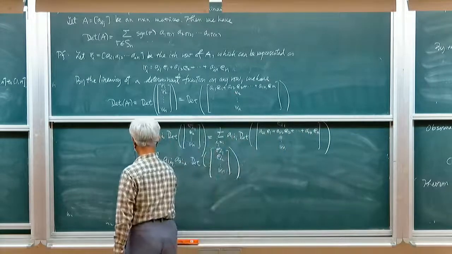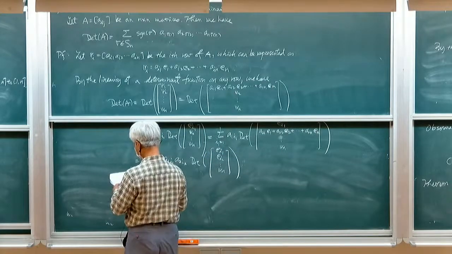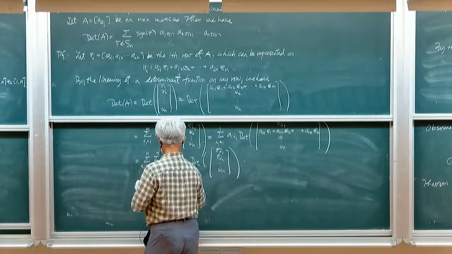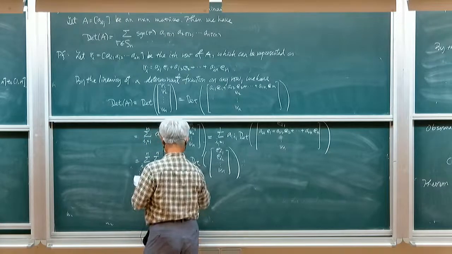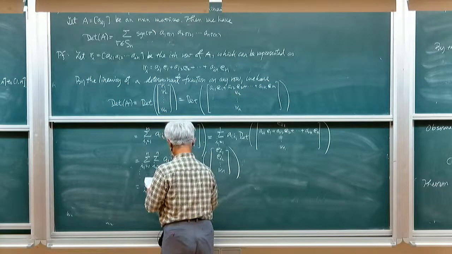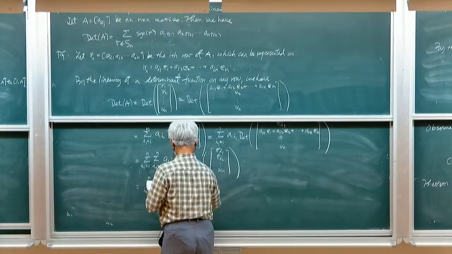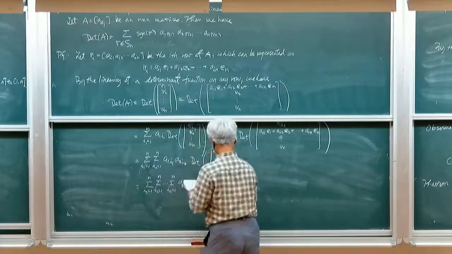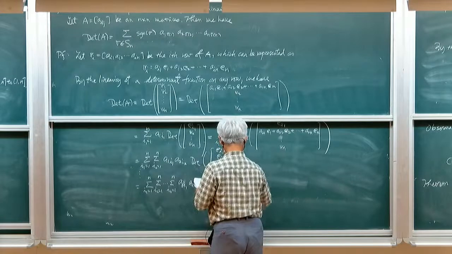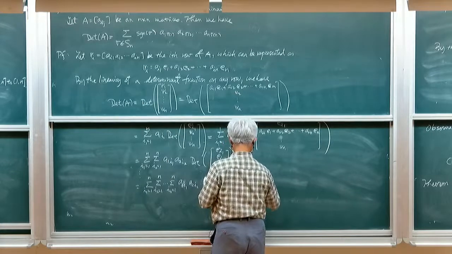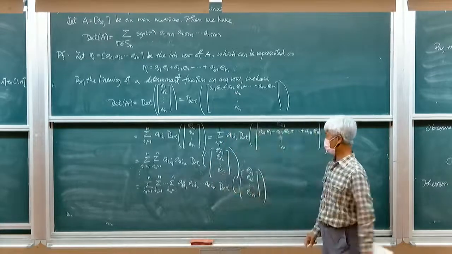When you go through that, you will have the summation over i1 from 1 to n, summation over i2 from 1 to n, up to summation over i sub n from 1 to n, of a1,i1, a2,i2, an,in, and the determinant of e,i1, e,i2, e,in.